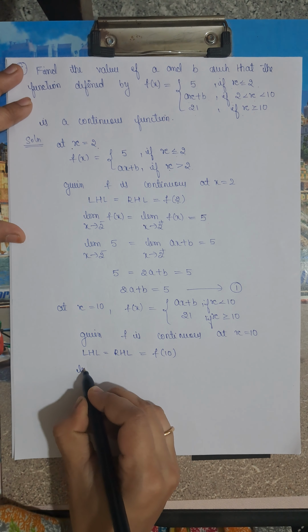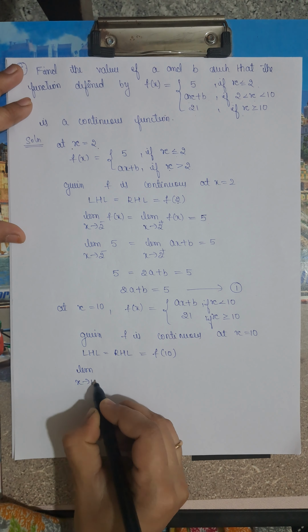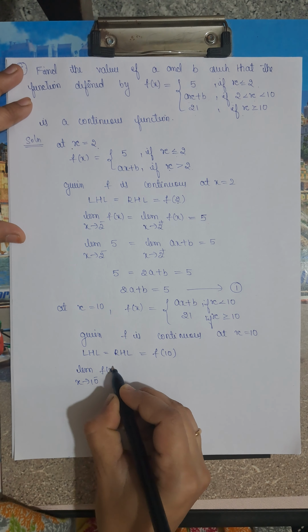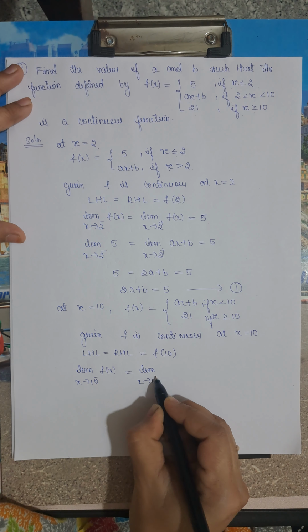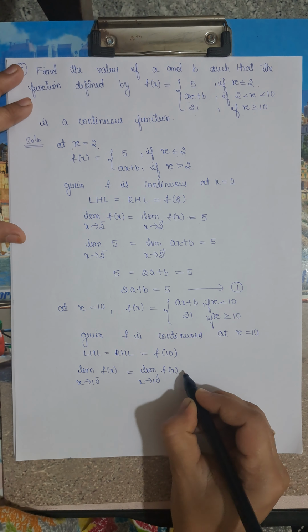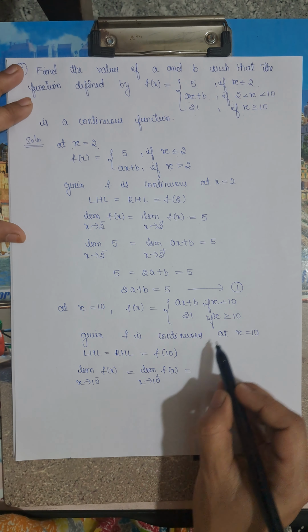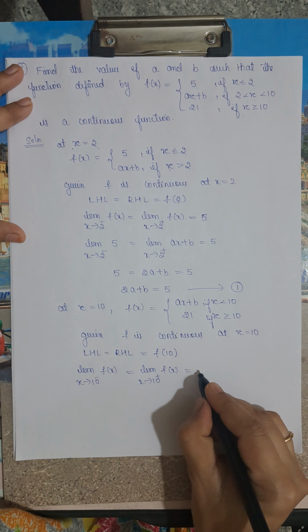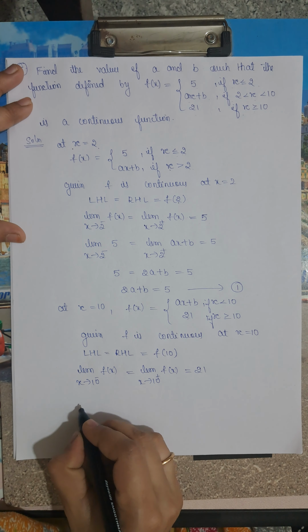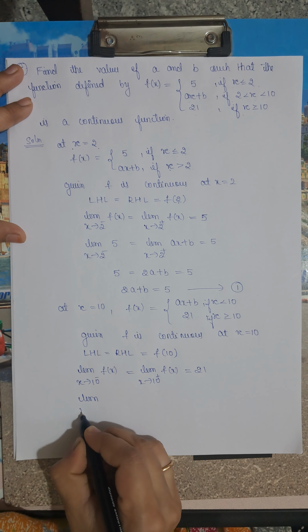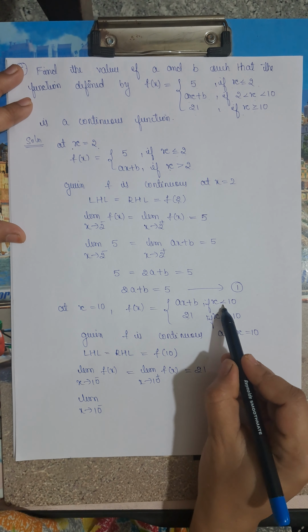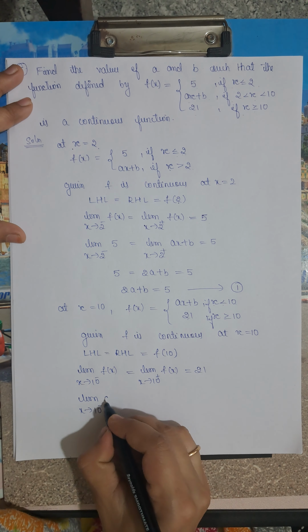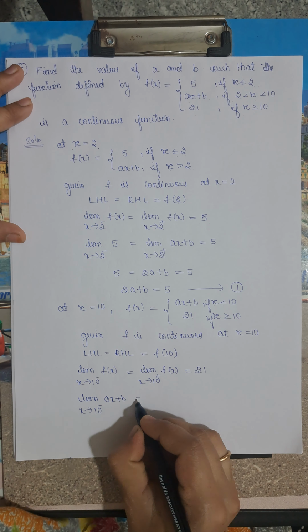So LHL means the limit as x tends to 10 minus of f of x. RHL means the limit as x tends to 10 plus of f of x, which is equal to f of 10. At 10, what is the function? It is 21. Now the limit as x tends to 10 minus, in the sense x less than 10, the function is ax plus b.